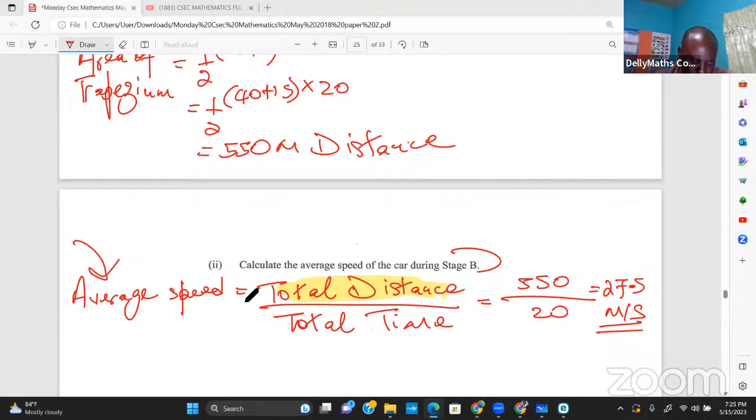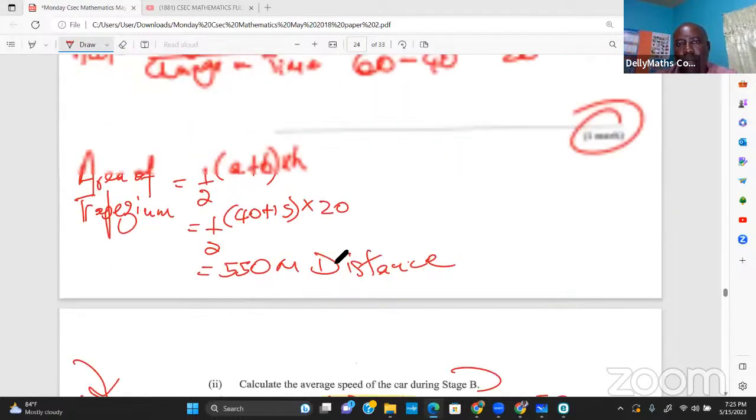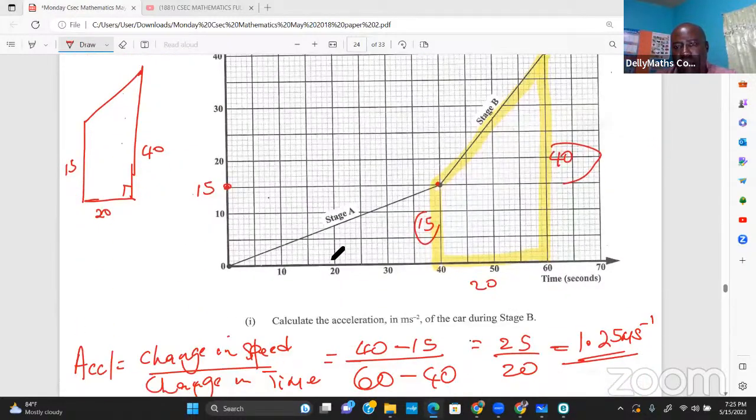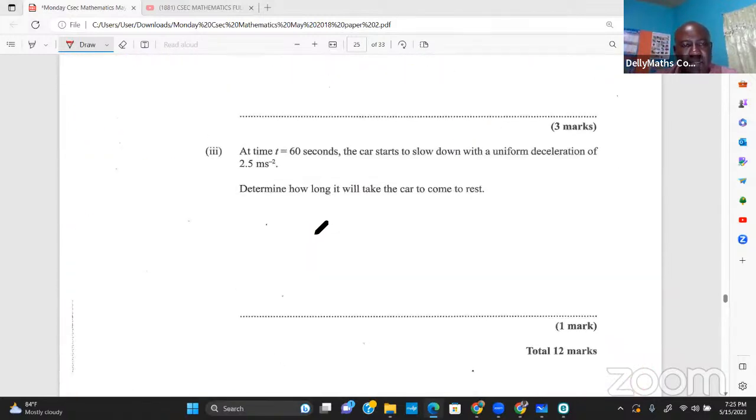All right, let's continue. See what the question is. Now, here is the question right there, 60. Additionally, it says at t equals 60, so when the time reaches 60 seconds, the car starts to slow down with a uniform deceleration.